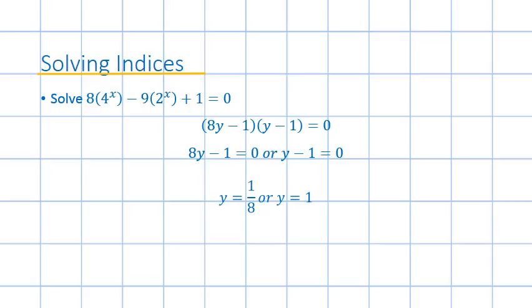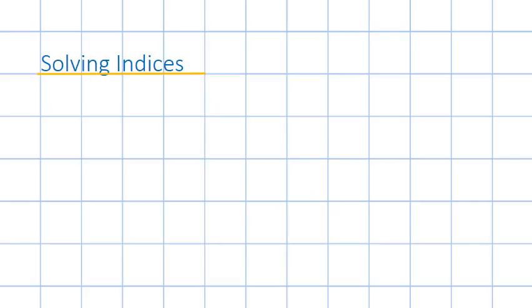Now some people accidentally leave it there thinking that they've solved it, but think about your original question. I'm solving for x, where y equals 2 to the power of x. So let's change y to 2 to the power of x. So 2 to the power of x must equal an eighth, or 2 to the x must equal 1. Now we've got to find x. This is quite a long question.